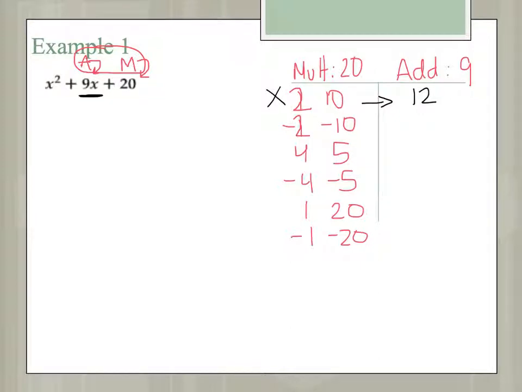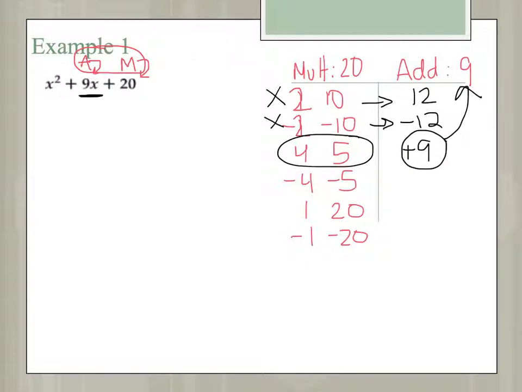If I add negative 2 and negative 10, I'll get negative 12. Also not going to work. 4 plus 5, though, gives me positive 9, and that is the answer that I want. So here's what I do. I open up two sets of parentheses.